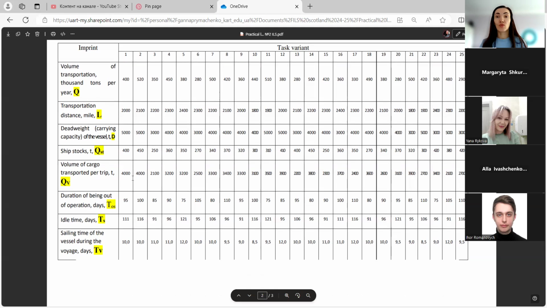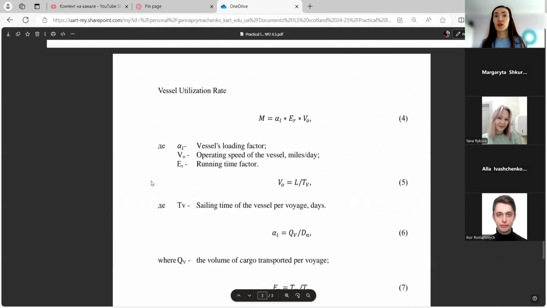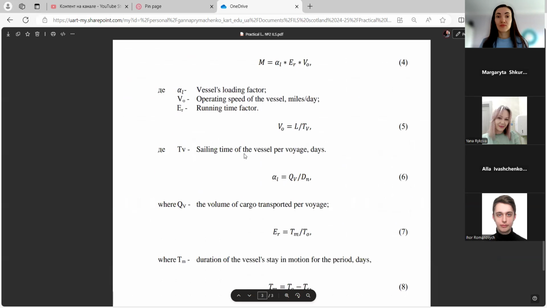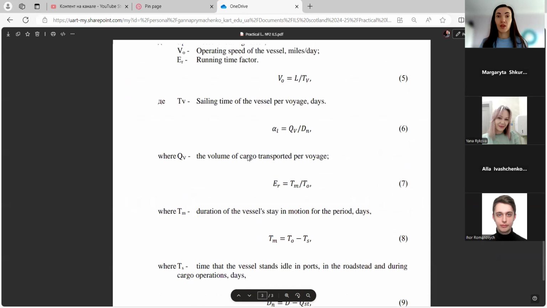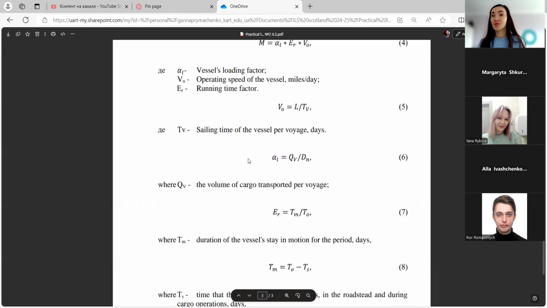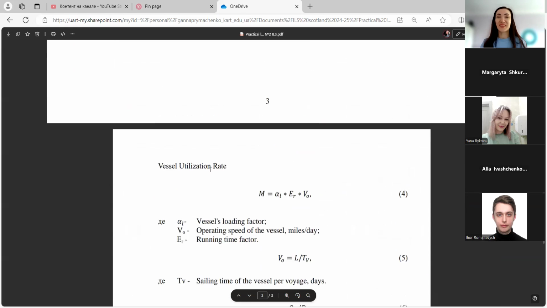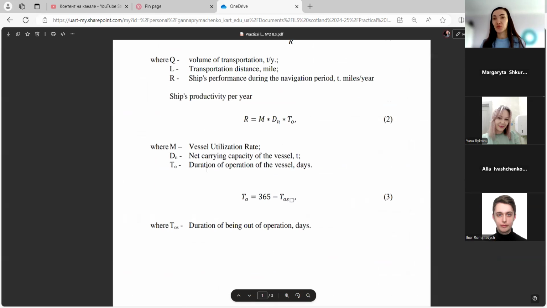Our next formula. If you have some question, please ask me or write in our chat, so that we can do it together. Okay. The next formula is formula number 3. It is not useful, but I use the same information as we have.